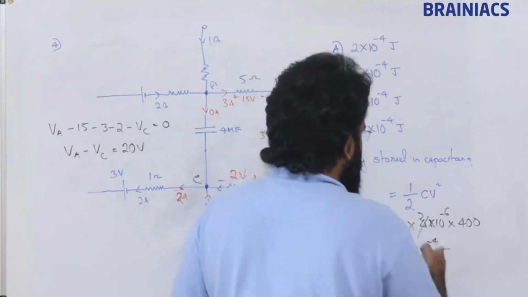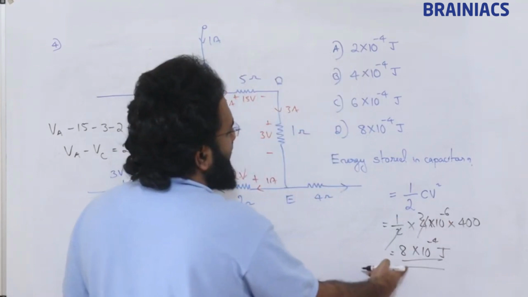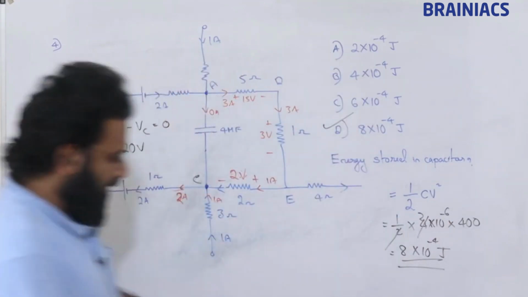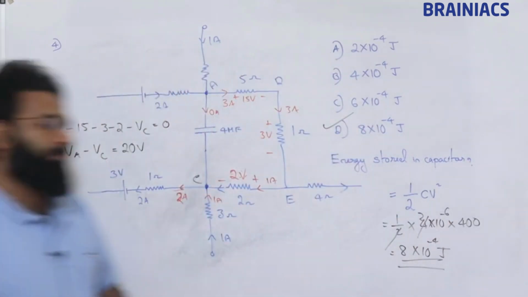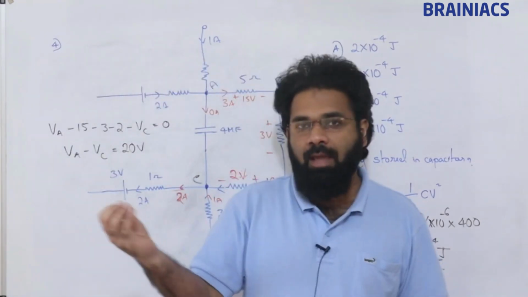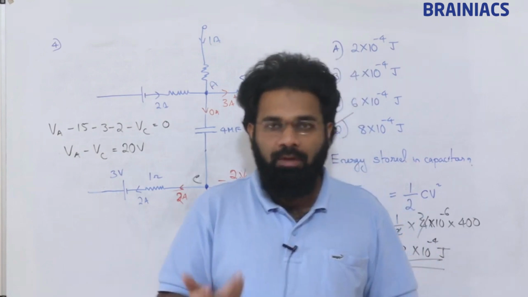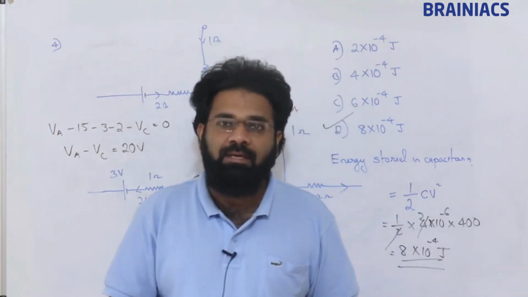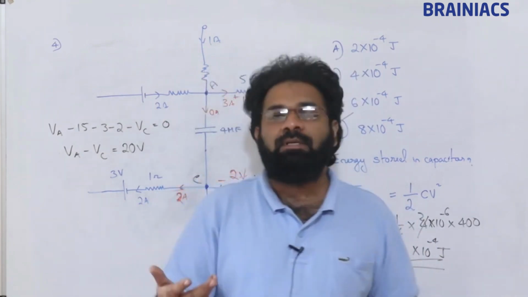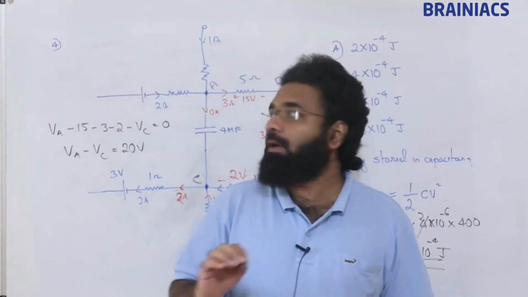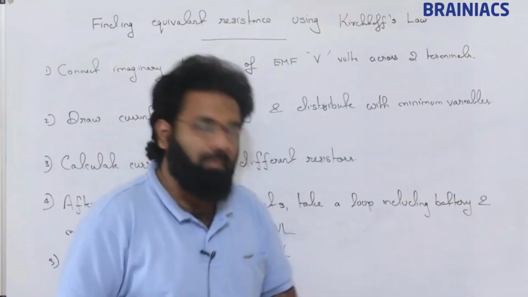Correct, no? 800 into 10 raised to minus 6, but we are getting 8 into 10 raised to minus 4 joules. Clear? So the method which we have studied, a part of a circuit, how to find the potential difference between them. Already this is an understandable concept, but we have discussed it separately so that we will not get stuck anywhere. Okay, note it down.